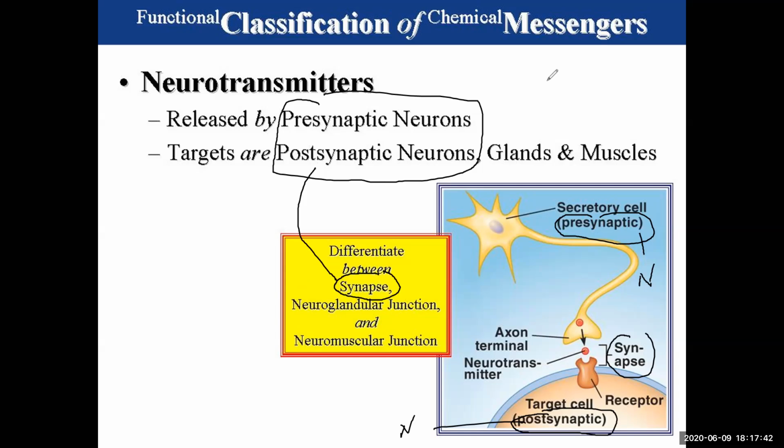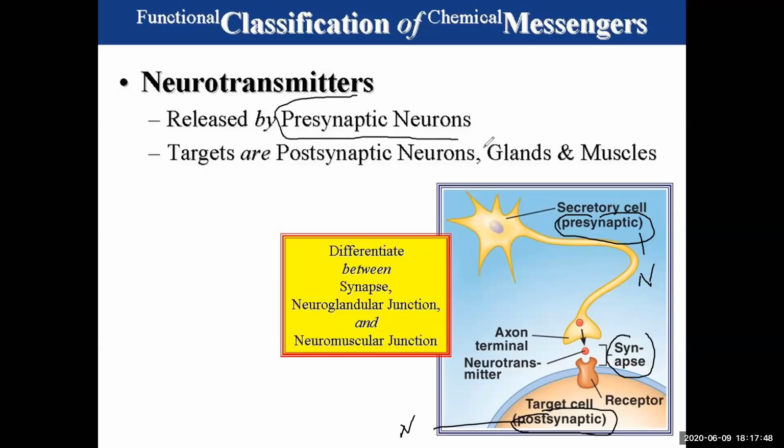So to be clear again, if you have a presynaptic neuron and a gland, then it's a neuroglandular junction.